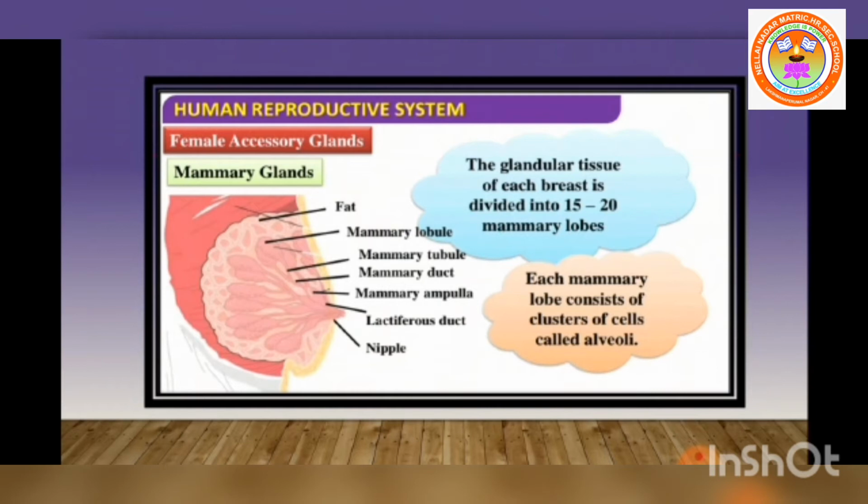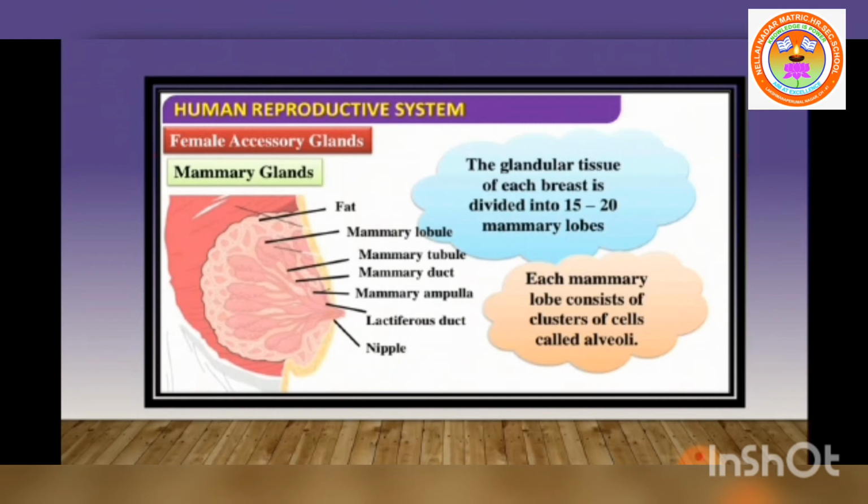Each mammary lobe consists of clusters of cells called alveoli. Several sebaceous glands called the areolar glands are found on the surface, and they reduce cracking of the skin of the nipple. Internally, each mammary gland consists of 2 to 25 lobes separated by fat and connective tissues.